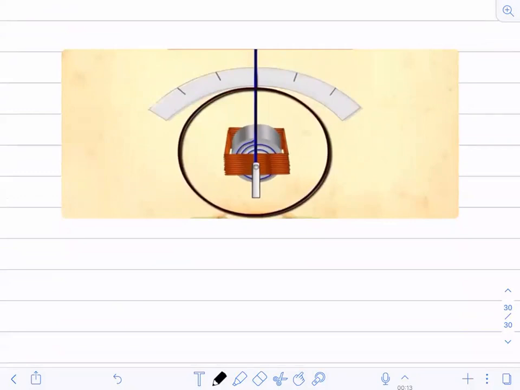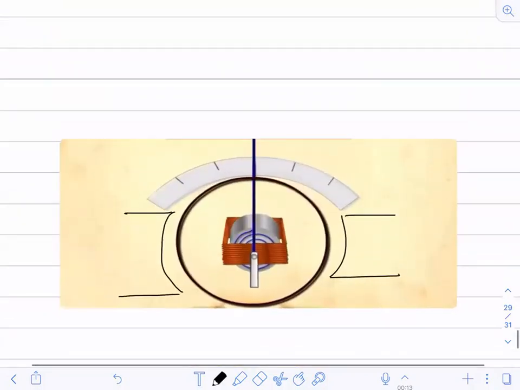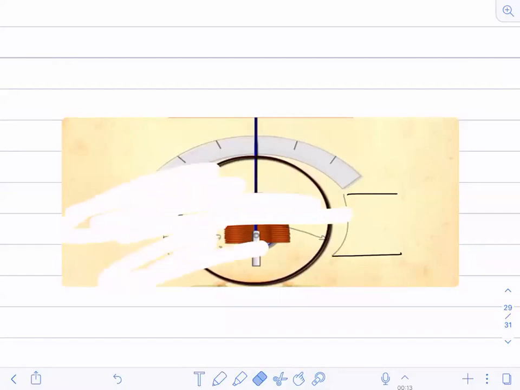The magnets are curved in shape, so the magnetic fields will be like this, and it will pass through the coil like that.